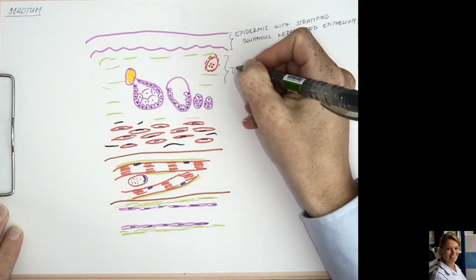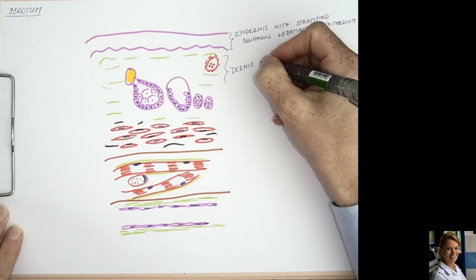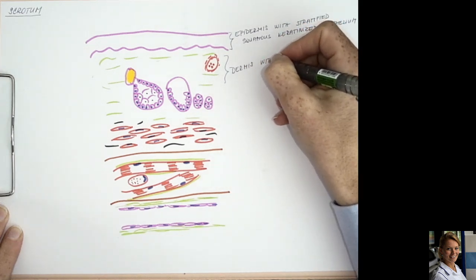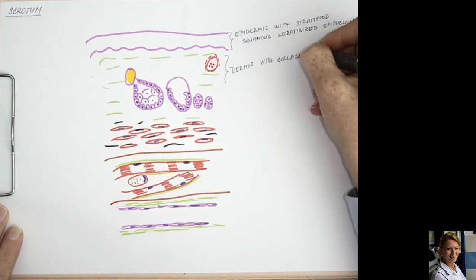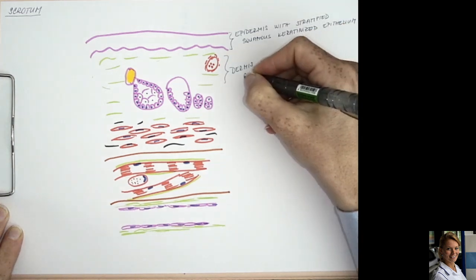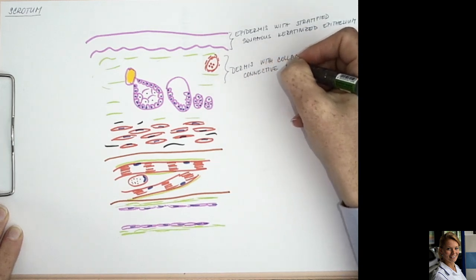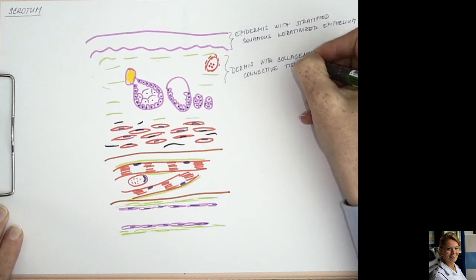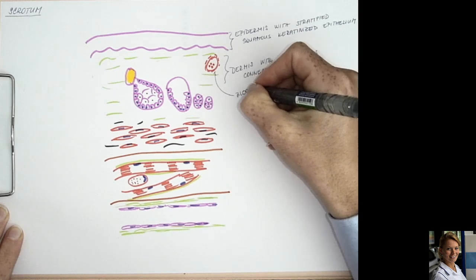Below is dermis. With collagenous connective tissue. With blood vessels.